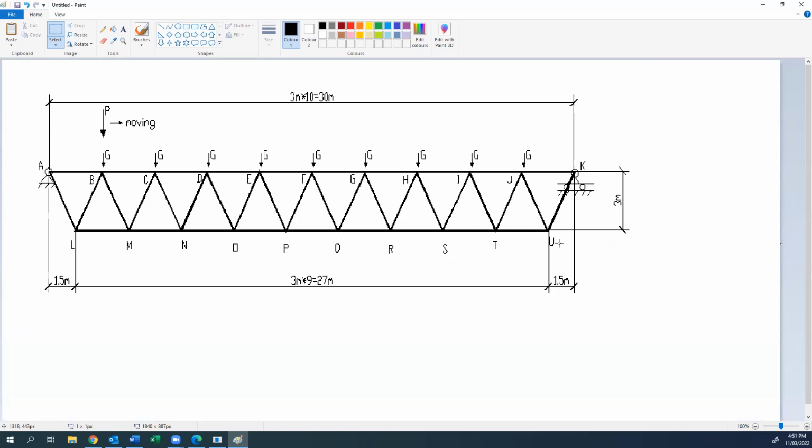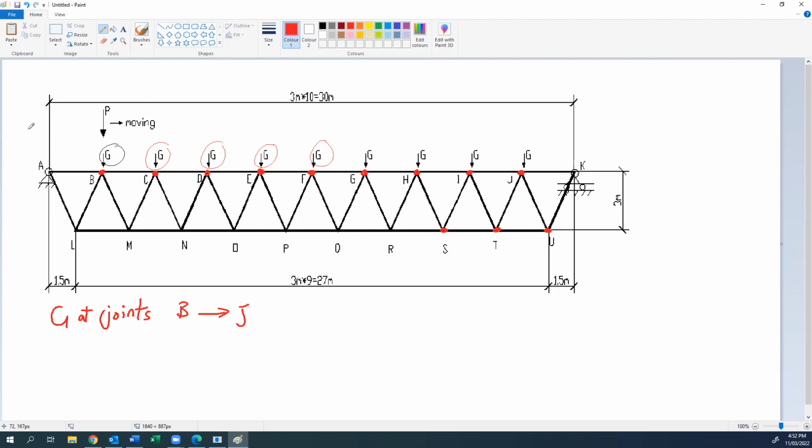We have 2 forces, G and B. G is applied at joints from B to J. As we mentioned before, in a truss all the loads should be applied at the joints.